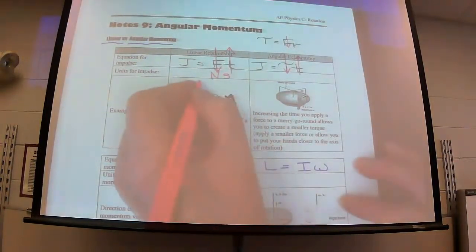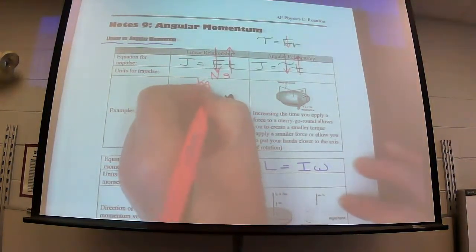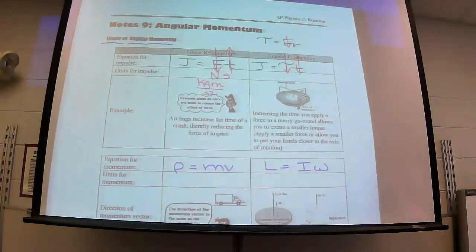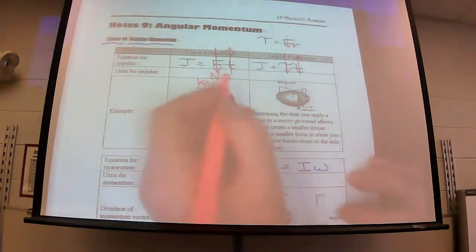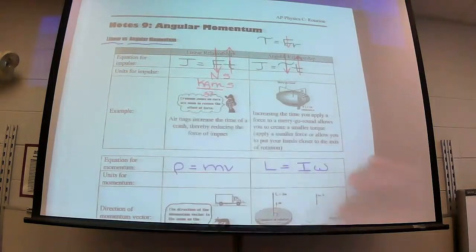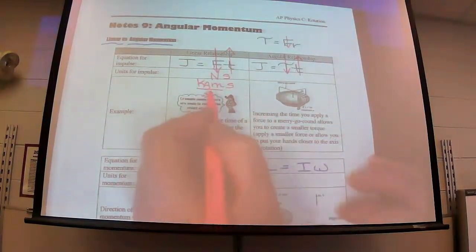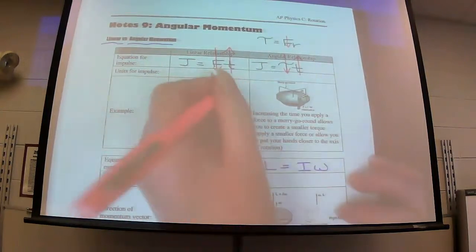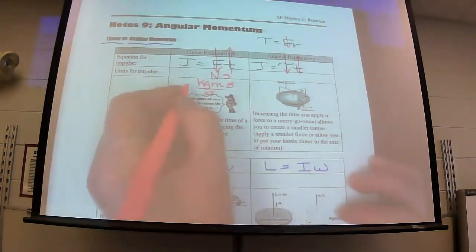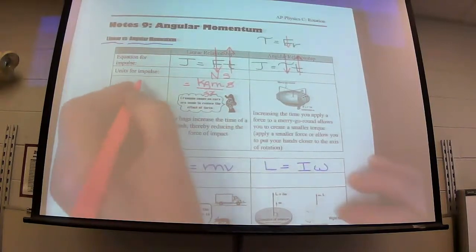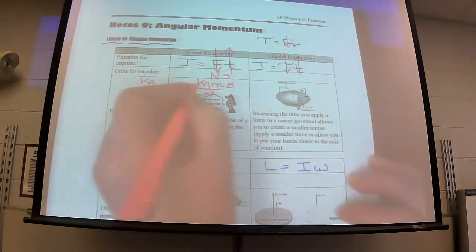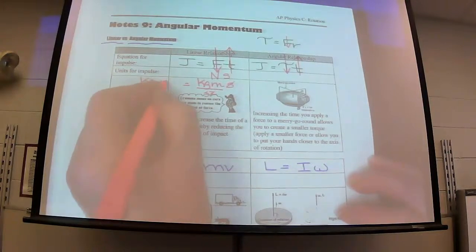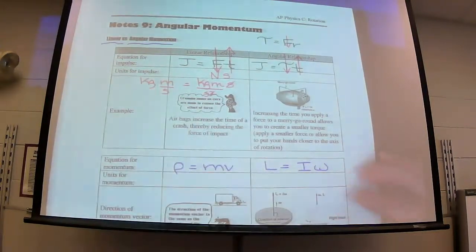A newton is a kilogram meter per second squared. How did I get that? From F equals ma. And this is a second. And so this second would cancel with this squared. So I'm going to go cancel, cancel. And I end up with kilogram meter per second.